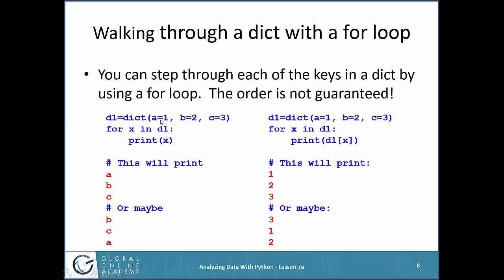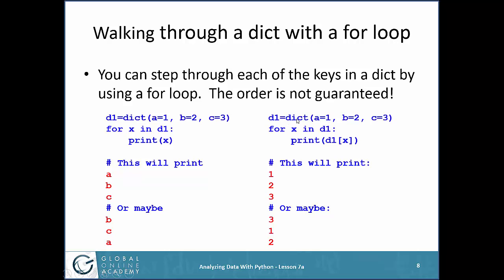So I've created a dictionary with 3 key value pairs. Now when I do for X in D1, X is going to iterate through all of those keys. And if I do print X, I get A, B, C, or maybe I'd get BCA, or maybe CBA, or maybe CAB, or so on. But I will get each one once. This for loop will go through the dictionary and give me each key exactly one time.